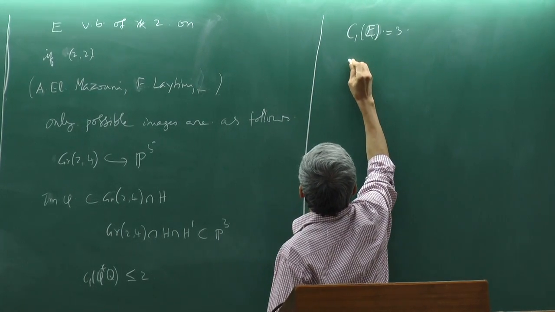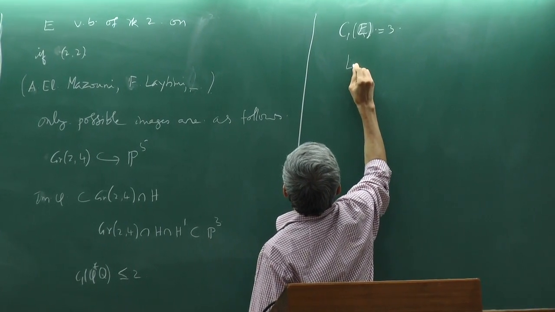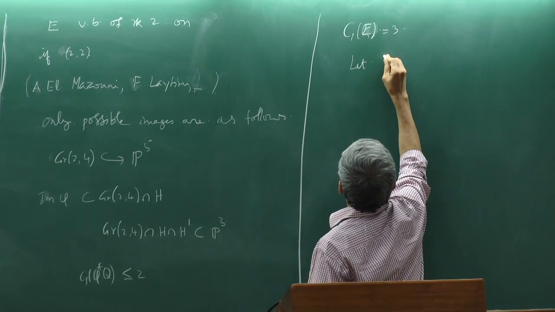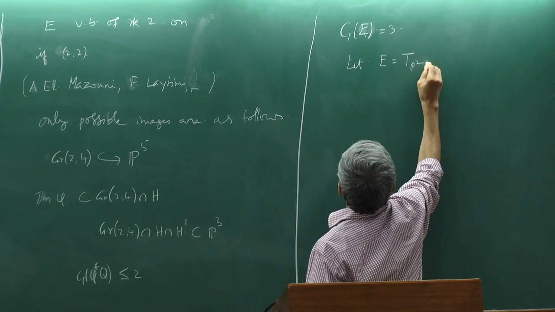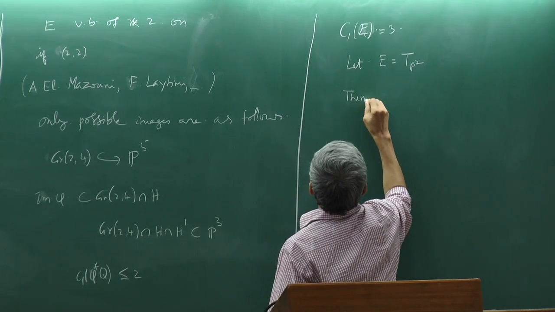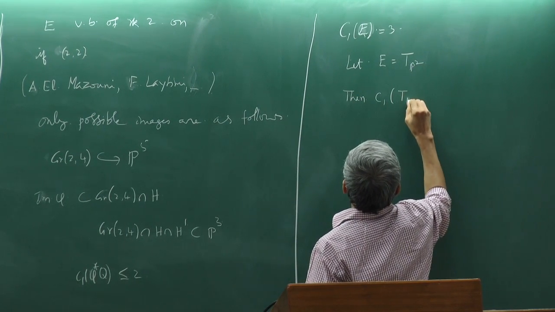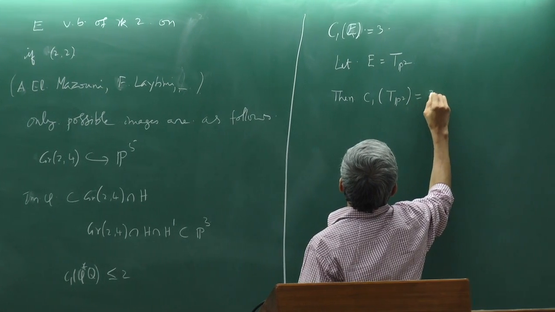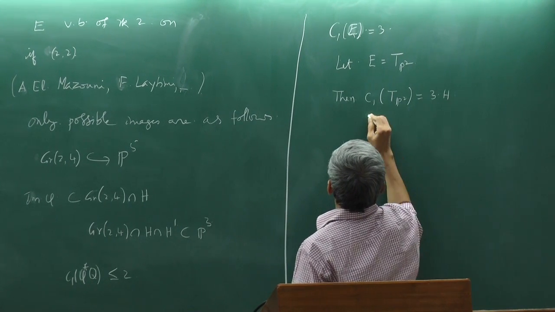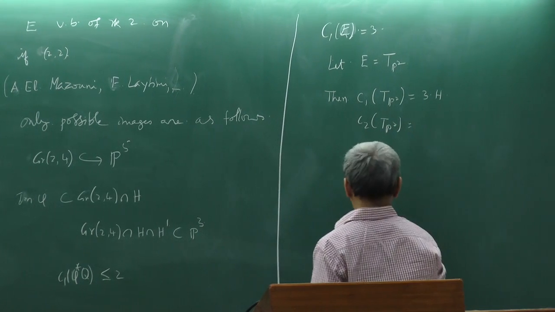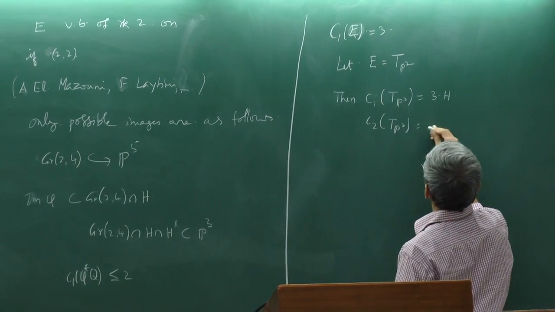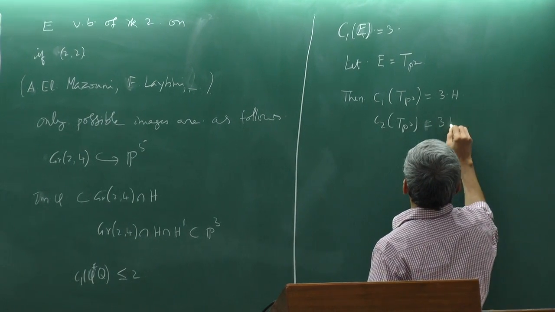So let P equal to the tangent bundle of P2. Then C1 of T of P2 is 3H and C2 of TP2 is 3H squared.